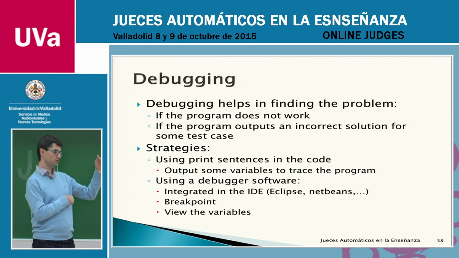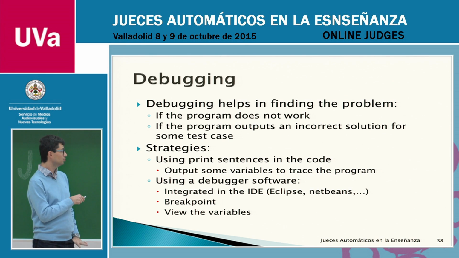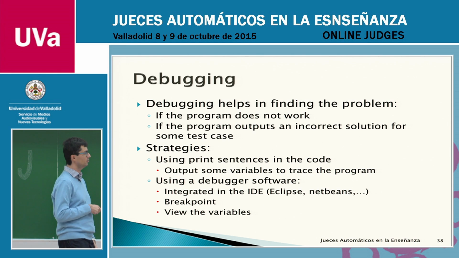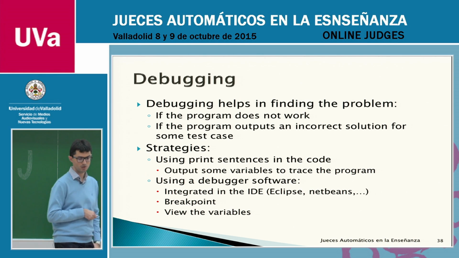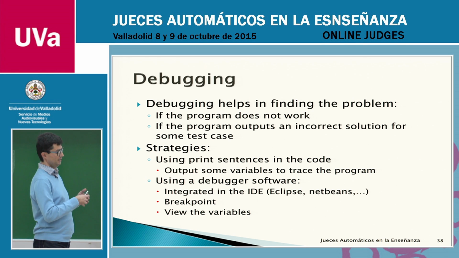This is very easy. In the code you put some print statements in some places, outputting the content of variables, with the idea to try to simulate a trace of the program and try to find the problem.